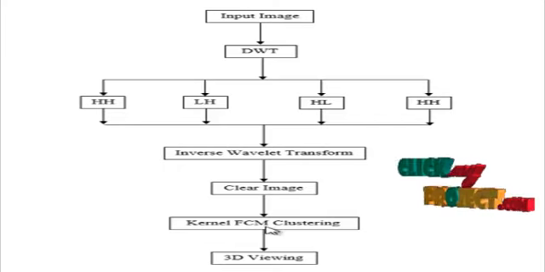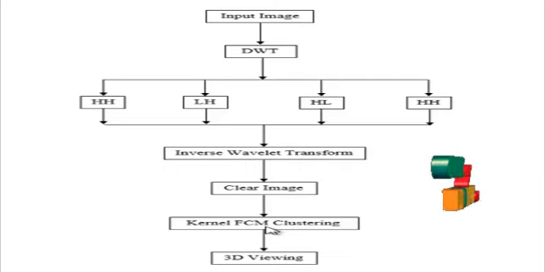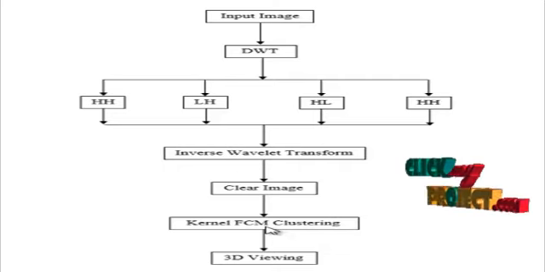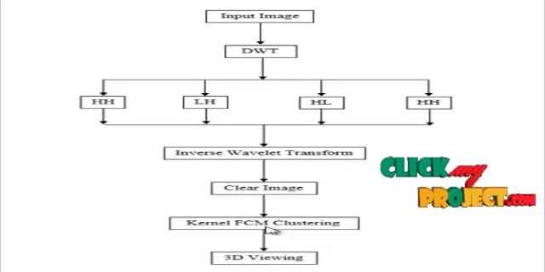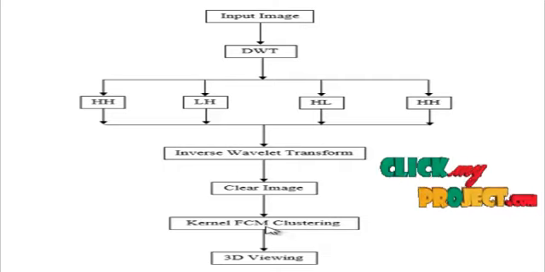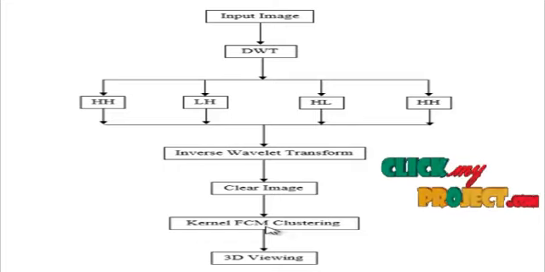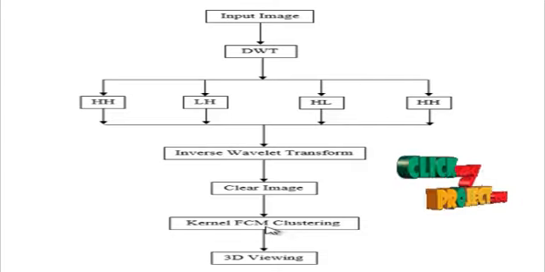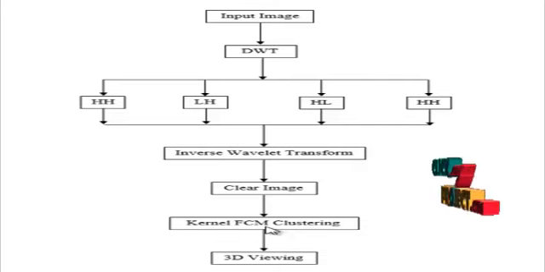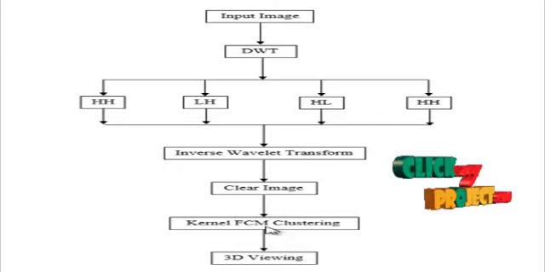After kernel FCM clustering, the images are represented in different color representations, and each color representation denotes the image pixels that have similar intensities. So this process is helpful in the clustering of the images, and also we can know about the different intensity regions in the images.